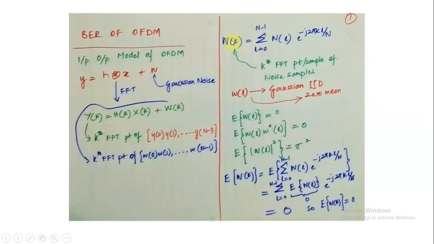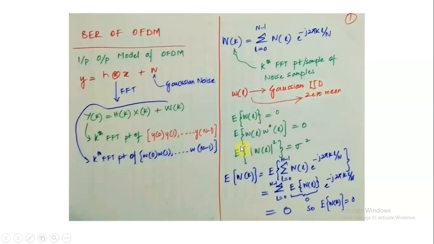So we know that the kth FFT point sample of noise samples is given by wk is equal to the sum of wl into e to the power minus j 2 pi k l over n, where wl is Gaussian IID with zero mean. So when we have zero mean, we mean that the expected value of wl is equal to 0.